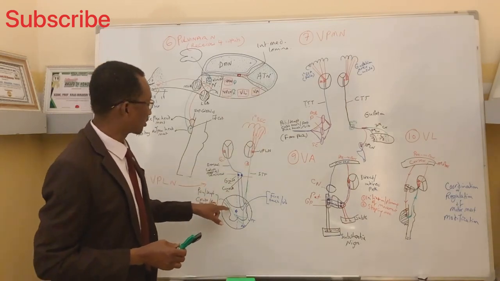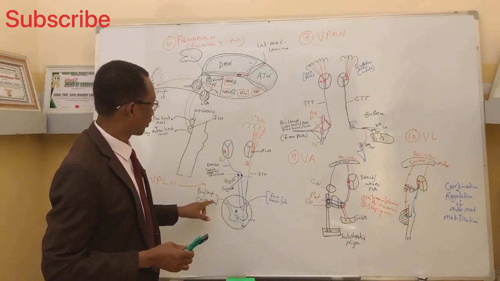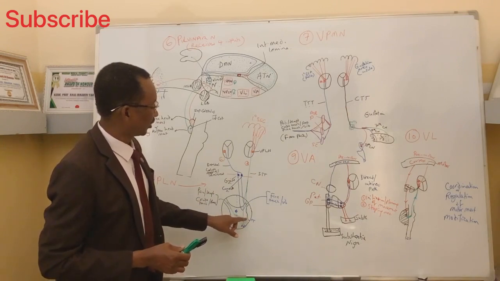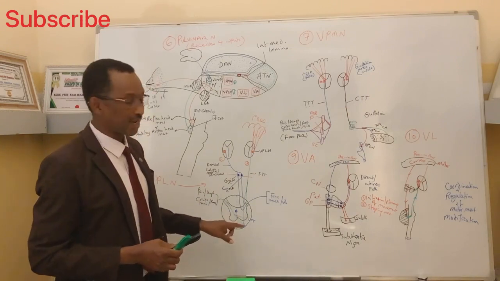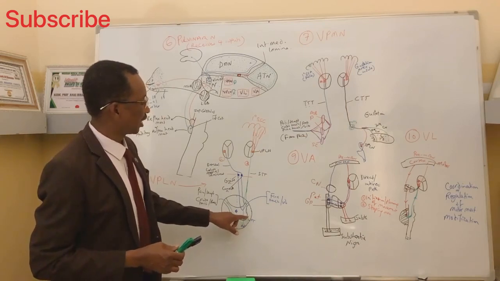Similarly, part of this sensation, pain, temperature, crude touch, and pressure, now deviates from the anterior side into the lateral side, and that is what is known as the lateral spinothalamic tract that passes upward.